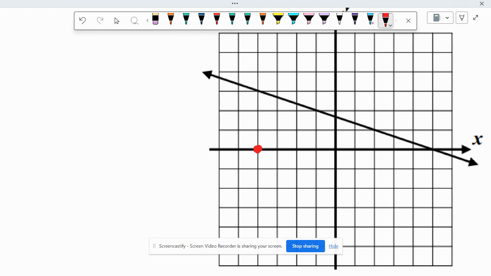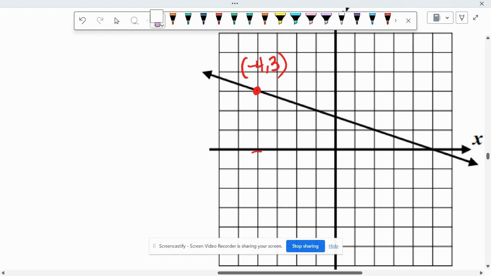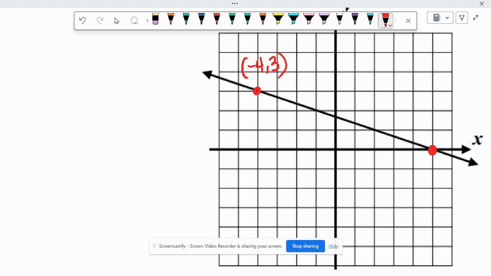I'm going to select the ordered pair -4, 3. And then I'm going to use the one that Eleni said. Eleni said 0, 5, but she meant 5, 0, right? Oh, yeah. I knew what you meant. Okay. So we have 2 ordered pairs. We can absolutely calculate the slope.